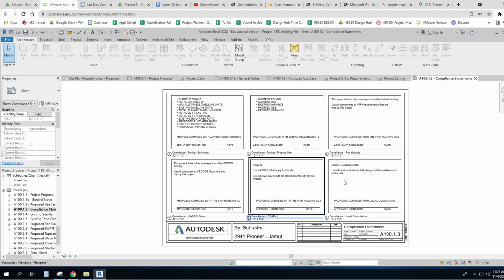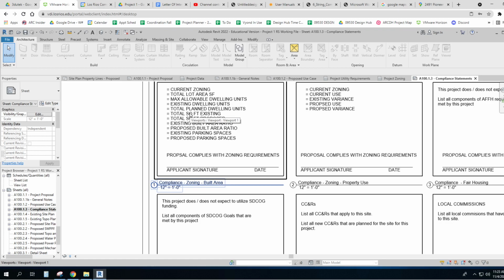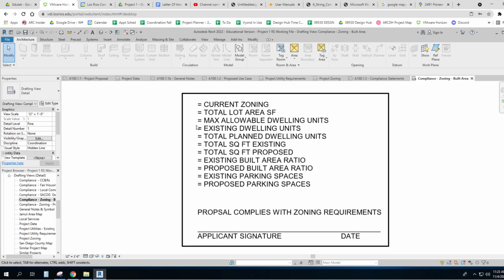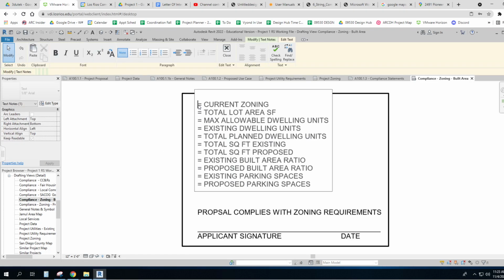Okay, compliance statements. Most of these you just leave alone. But this one, you know the zoning, you know the square feet, you know how many are on there. These are all from the work that was put in from Leah. So you can fill this out. Just go to that one and type it in. This is compliant zoning built area. What is it?